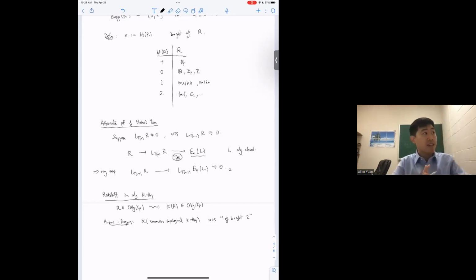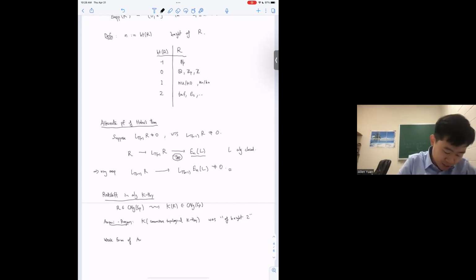So this turns out to be a big web of conjectures, and they're very precise conjectures about how K-theory should behave. And today, unfortunately, because of time constraints, I'll just state a weak form of this conjecture that we're interested in. So here's a weak form of the redshift conjecture.